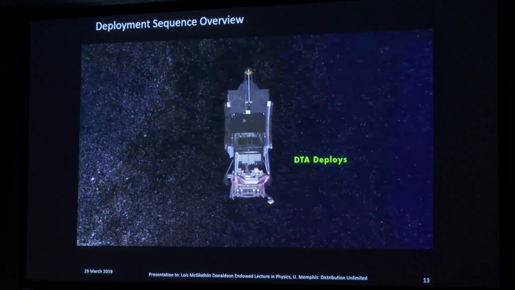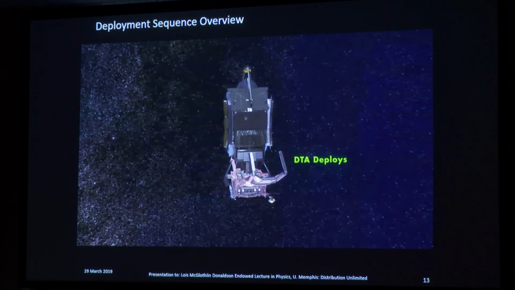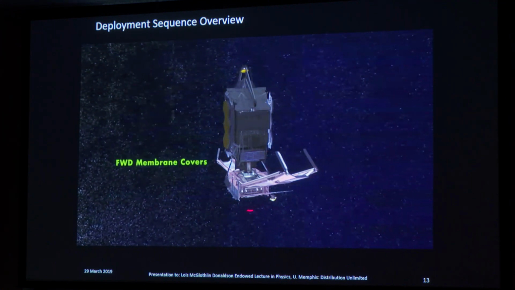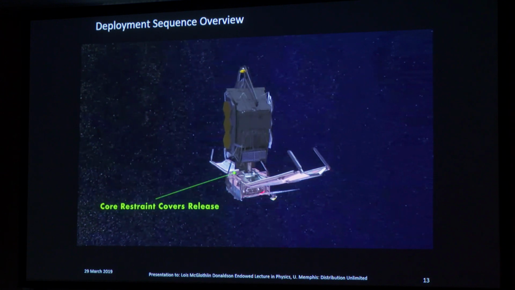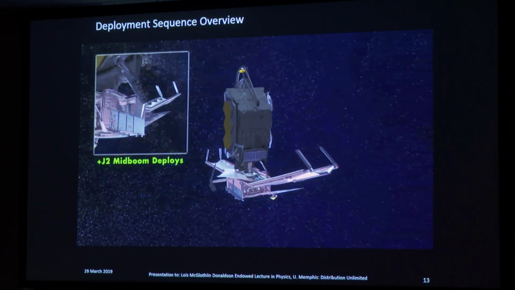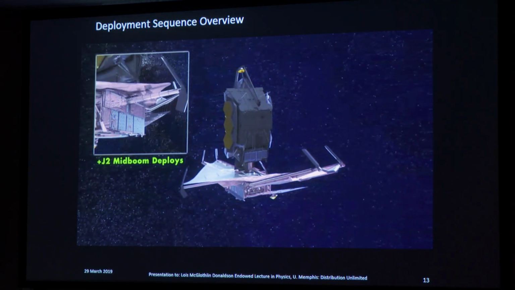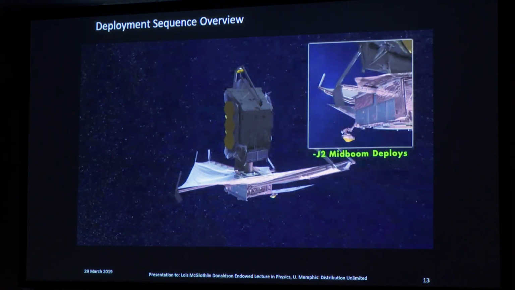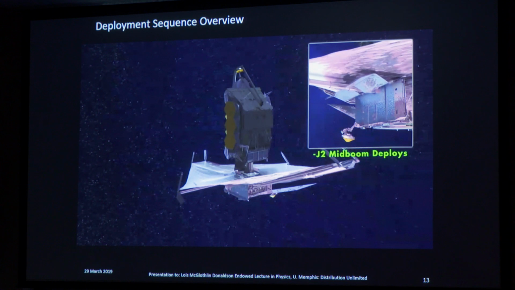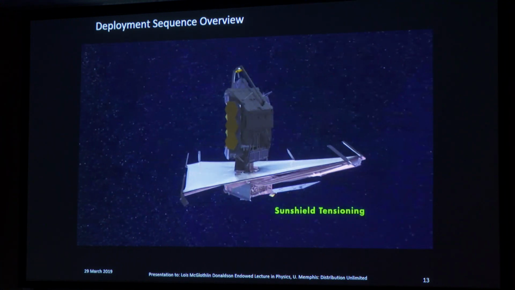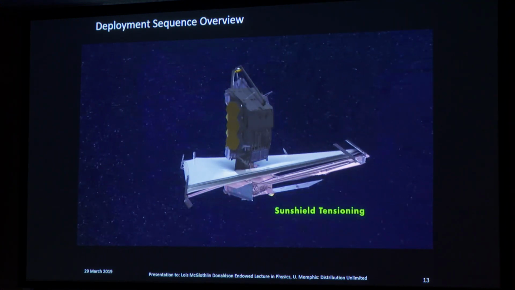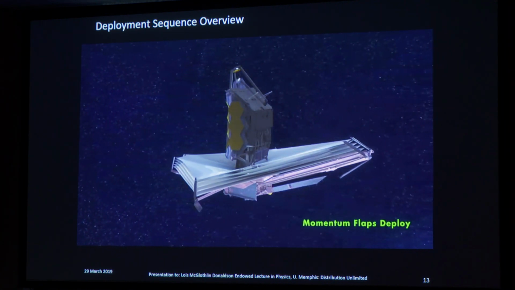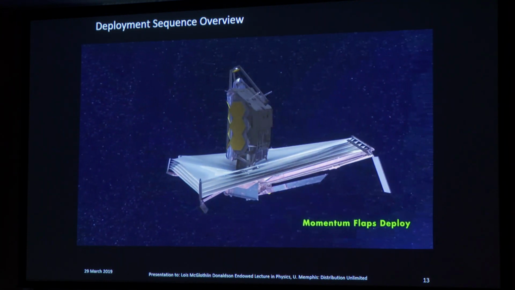This telescoping boom provides thermal separation between what will be a very cold telescope and what must remain a warm spacecraft, which contains computers and other electronics that have to remain warm. These telescoping booms are pulling the sunshade out of the containment pallet, and then these spreader bars are separating the 5 layers of the sunshade that allow it to achieve the thermal performance.